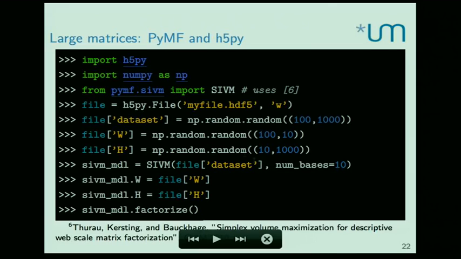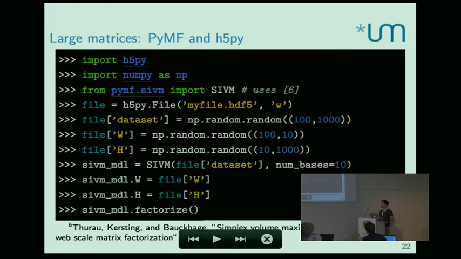This is all the same. The only thing that you have to keep in mind is that you simply assign the matrices W and H. You have to initialize them first in an H5Py file, and then assign them before the factorization. Then PyMF realizes, okay, there is already a matrix, it's on disk, I will use that one, and also keeps attention that not too much memory is consumed on the way.